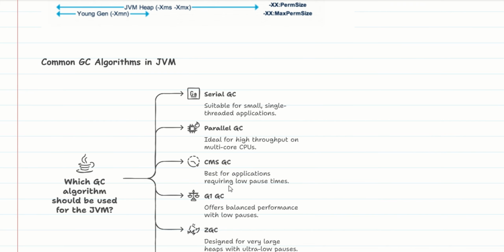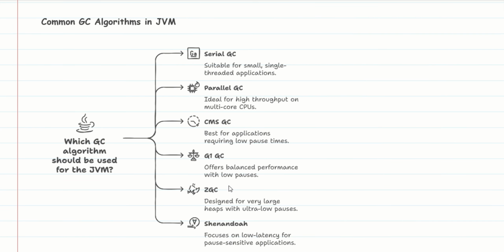The common GC algorithms in the JVM are Serial GC, which can be used in all Java versions. It's best for small applications which are single threaded. And we have Parallel GC, again usable in all Java versions, default in many JDKs, and it can be used where high throughput is required and multi-core CPUs are available. Then we have CMS, Concurrent Mark Sweep.